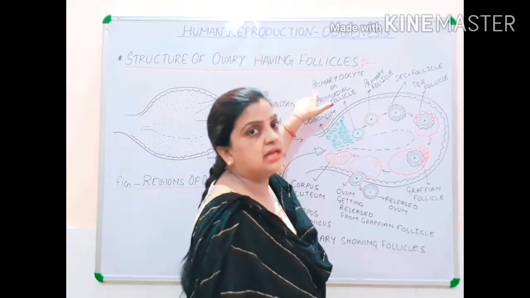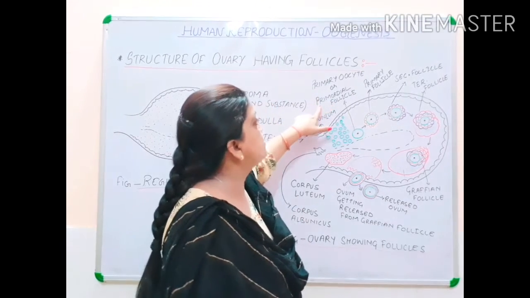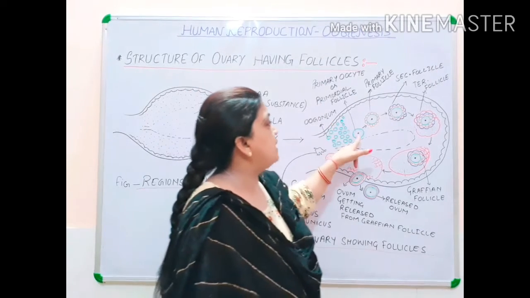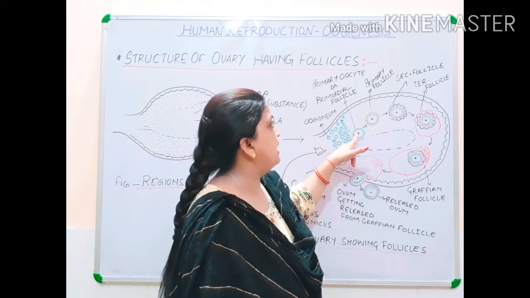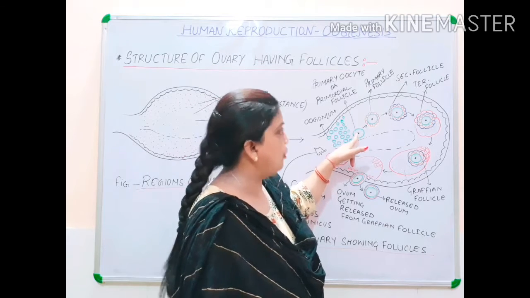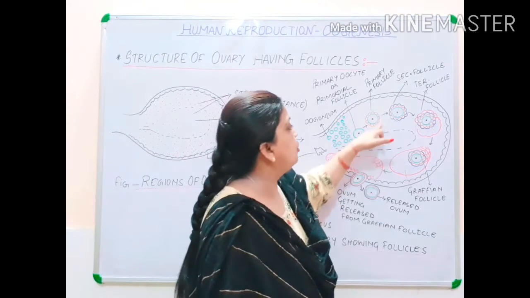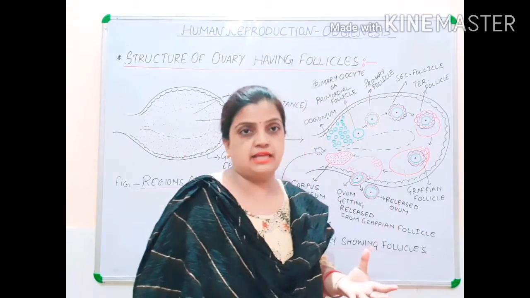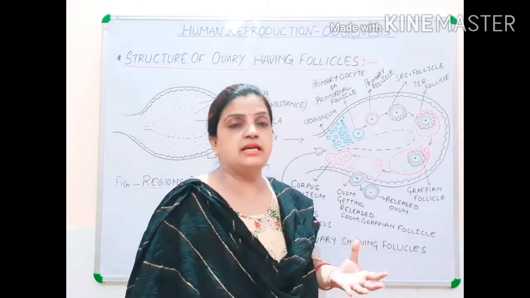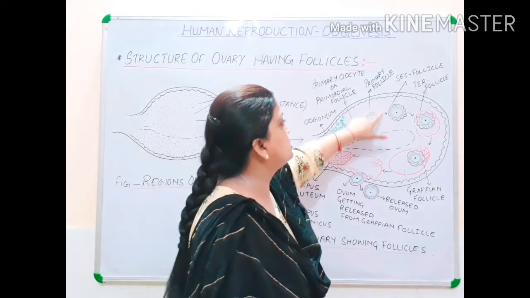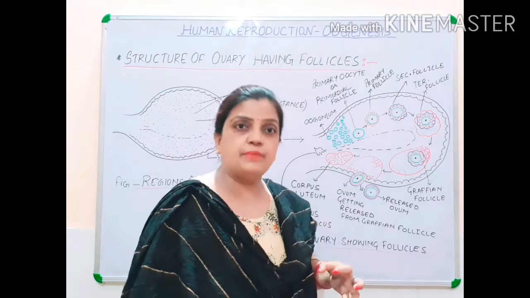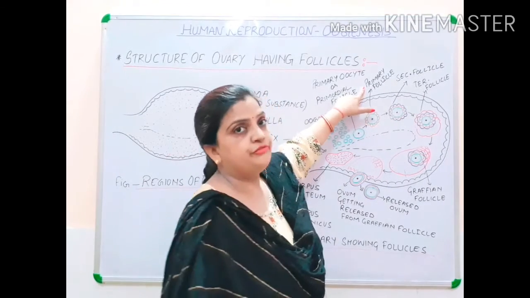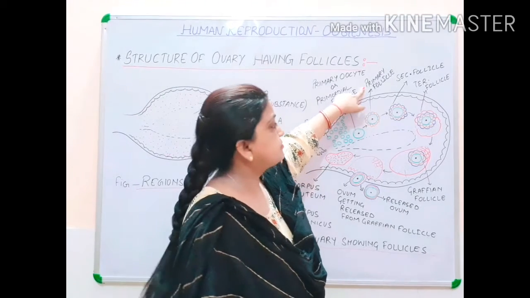Children, the primary oocyte is also called primordial follicle. Now, this primary oocyte or primordial follicle is enclosed, surrounded by many membrane granulosa cells, and when these membrane granulosa cells enclose the primary oocyte, the structure is called primary follicle. You know this.